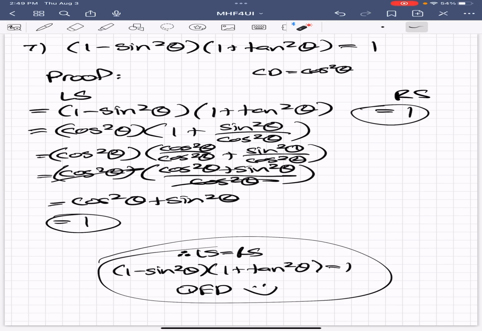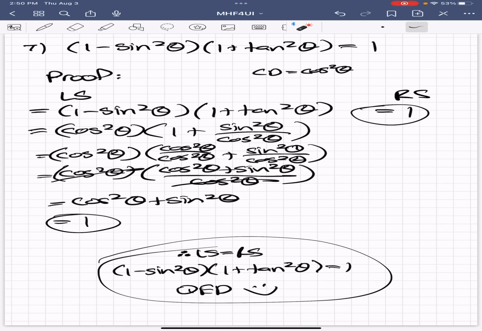Using trigonometric identity 1, the one that you saw in the thumbnail, the second version of it, 1 minus sine to the power of 2 theta just equals cos to the power of 2 theta.